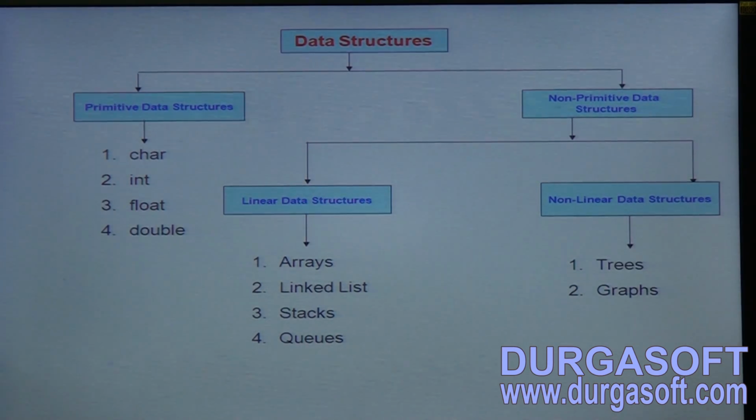Again, non-primitive data structures are categorized into two types: linear data structures and non-linear data structures. Linear data structures: arrays, linked list, stacks, queues.